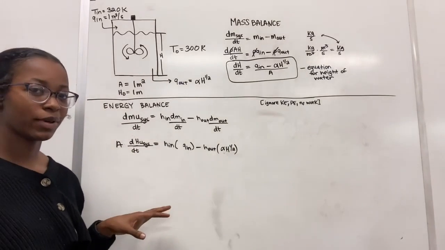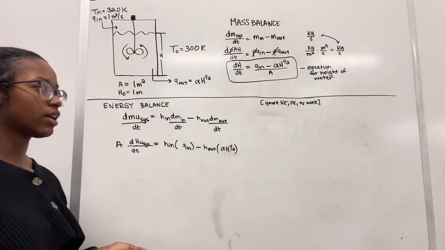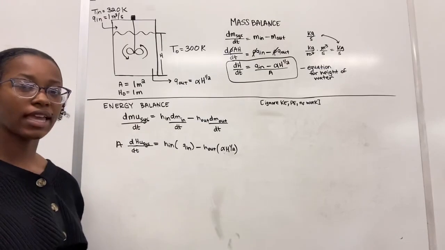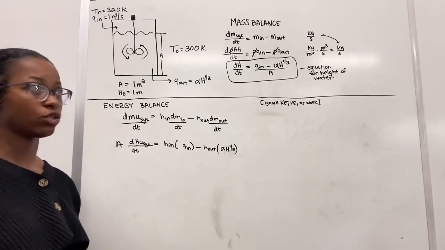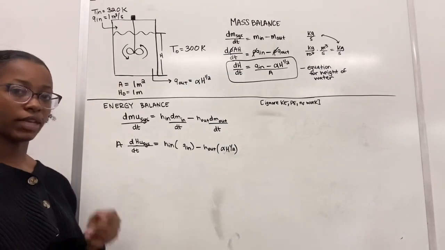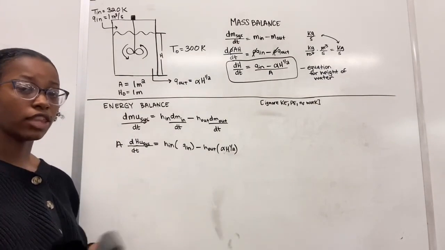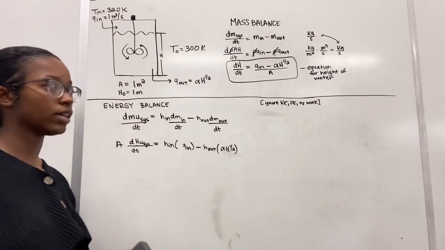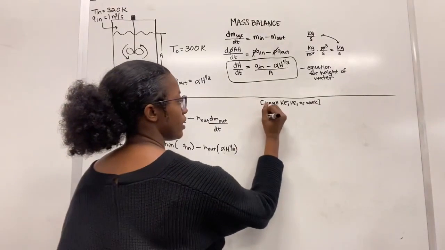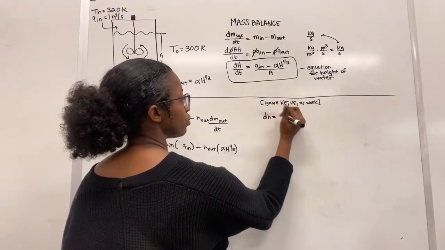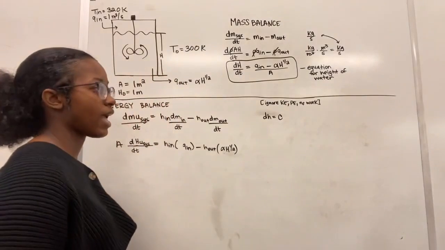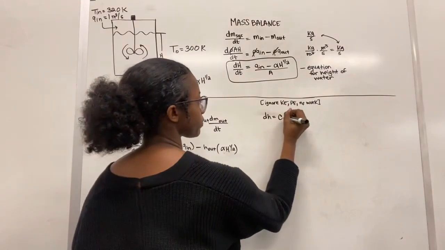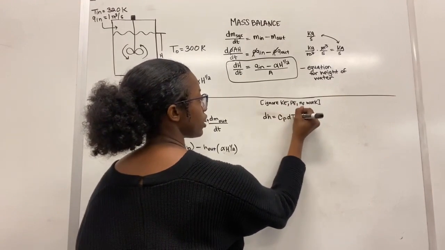And this is where we really get stuck, but we can recall some things to help us. And the first step to that is knowing that we are dealing with a liquid, and the enthalpy equation for a liquid is dH is equal to the heat capacity at a constant pressure times the change in temperature.